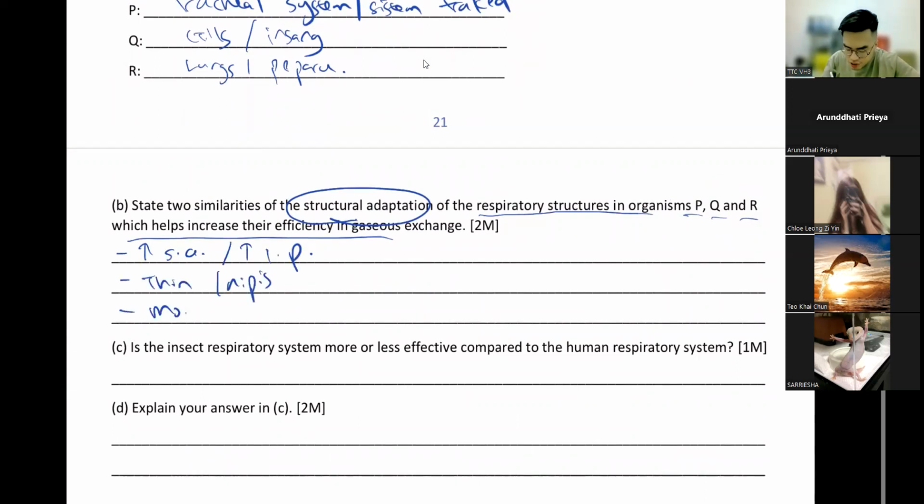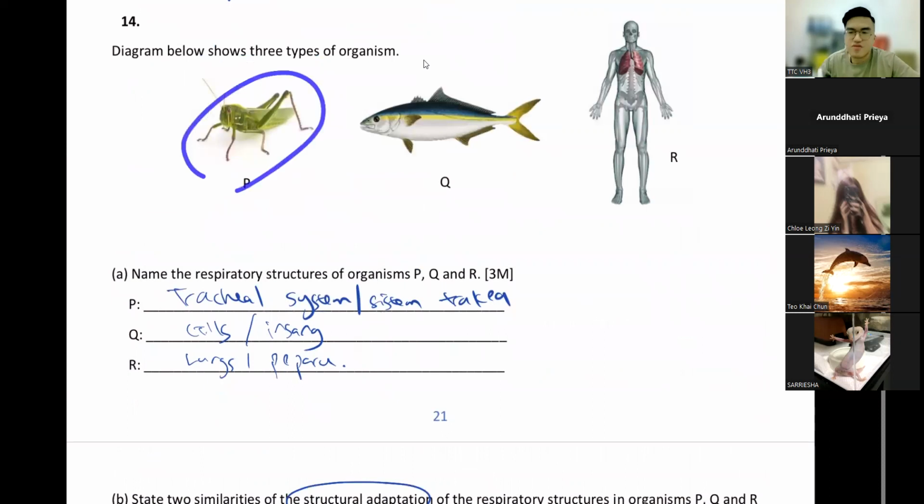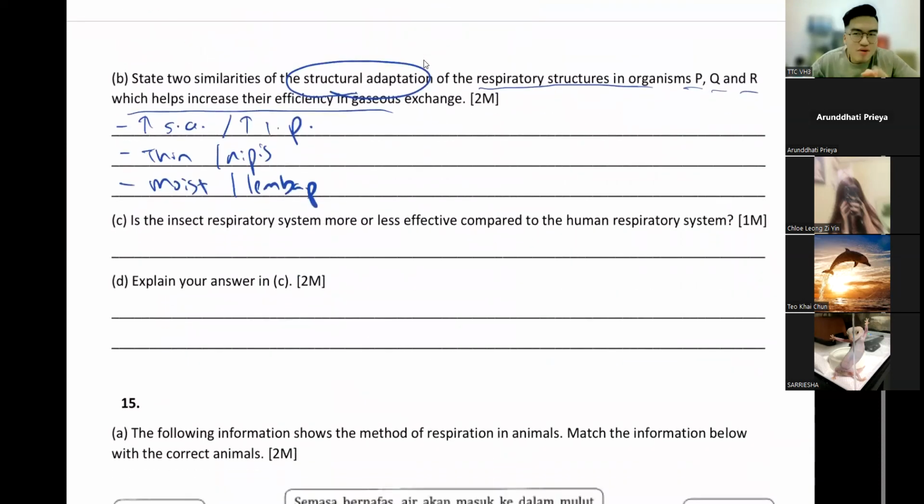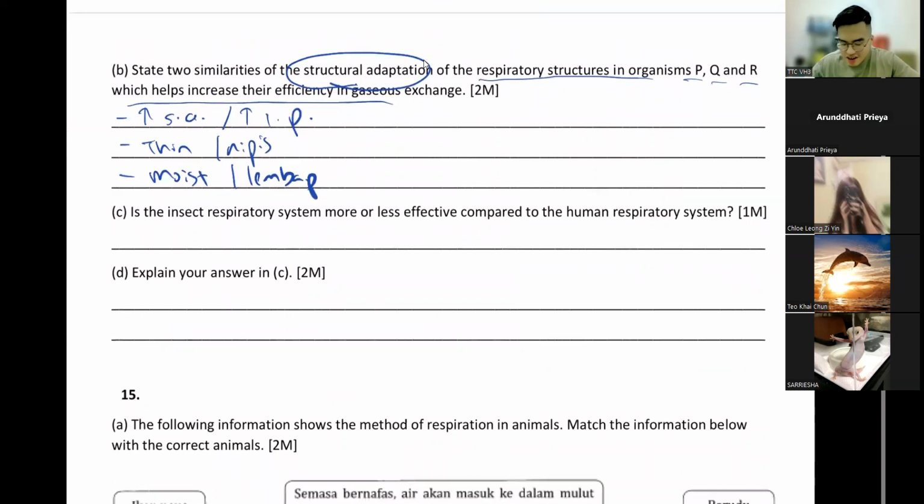You can actually write moist too. Lembab. Guys, please don't write blood capillary. Yes, Chloe, you got it. Please don't write blood capillary because insects have no blood. You smack a cockroach dead, you smack a grasshopper dead, you don't see blood coming out. Right? Don't tell me mosquito got blood. That's your blood. Different story.